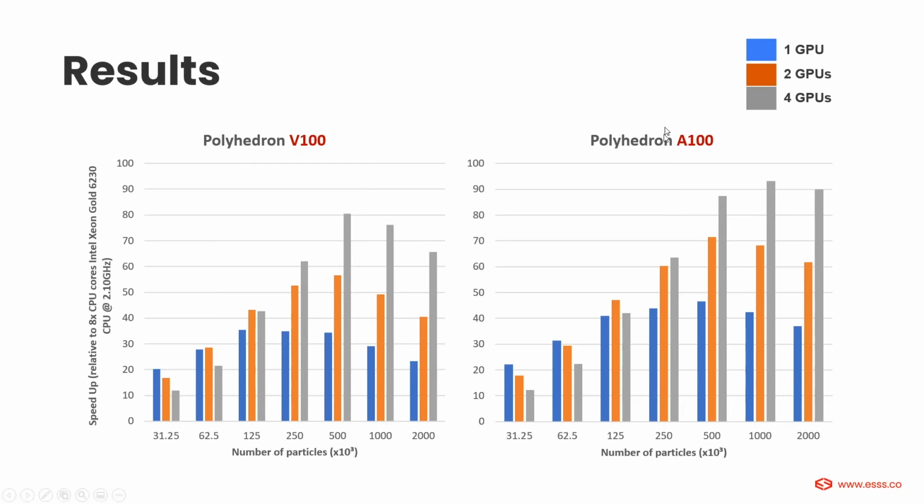And if we move on to the latest A100s, which are way better GPUs than the V100s, we are going to move this threshold further up. You see here the GPU topping out in performance at about 1 million particles now. This means that you can either grow your problem larger using the A100, or you can solve it way faster using this better GPU card.